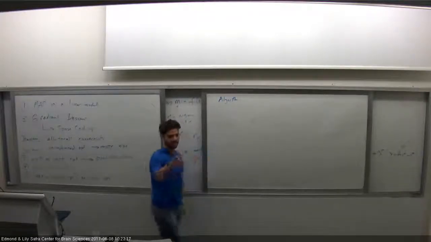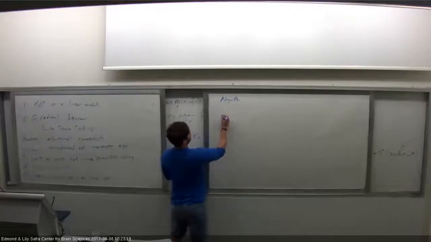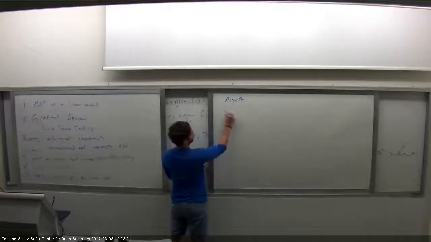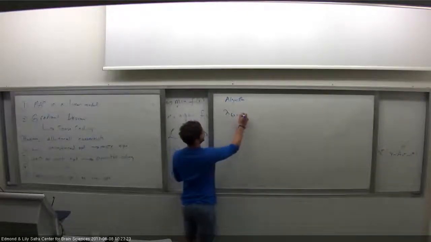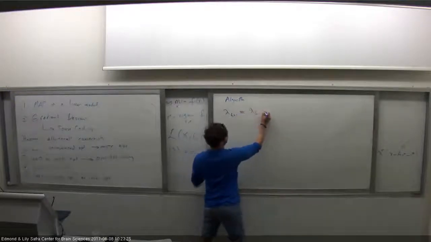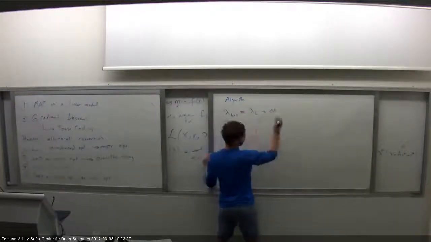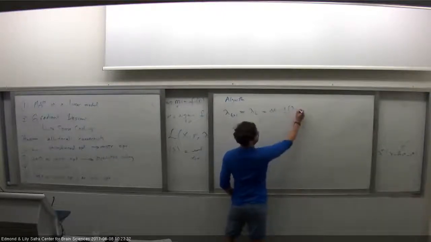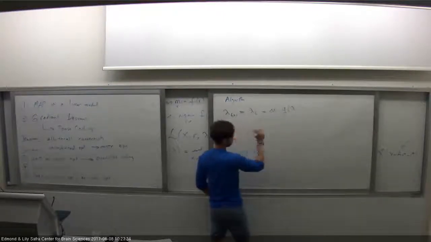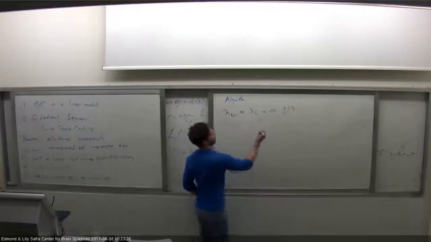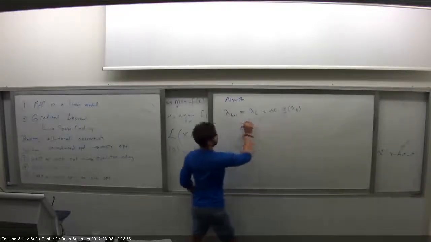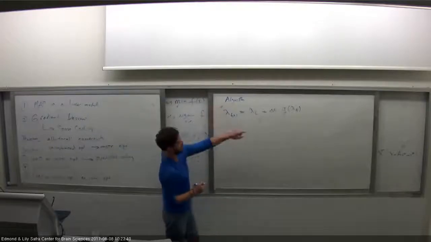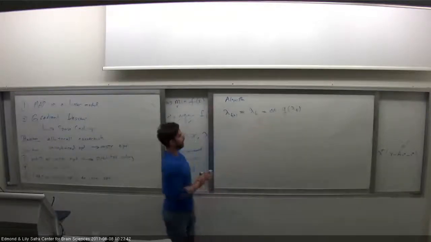So given some x_t and r_t, you say lambda_{t+1} is going to equal lambda_t plus some delta_t times g of lambda for those values. You plug in x_t and r_t to get g of lambda, and you just update lambda.